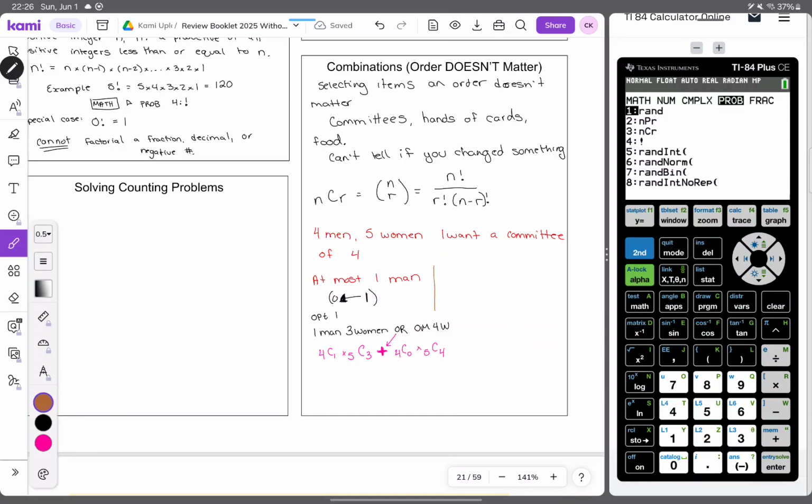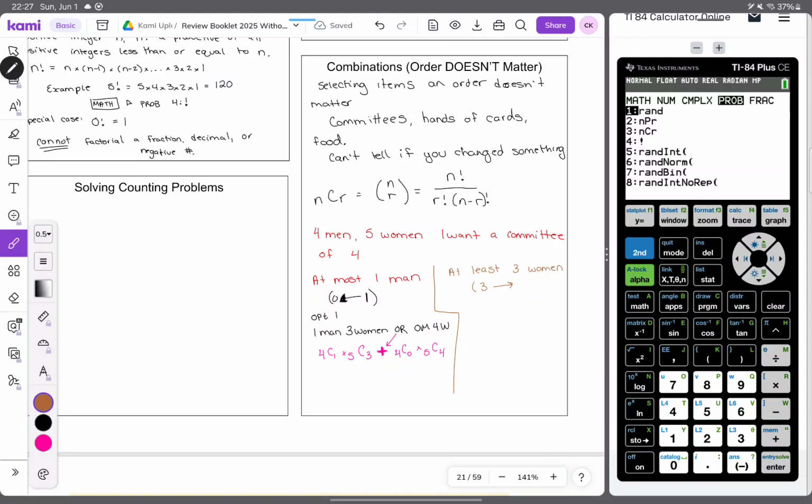The other side of this, the one that they like, is when we have at least. So at this one, I want at least 3 women. So with at least, we start at the number they give us and we count up till we run out of options.